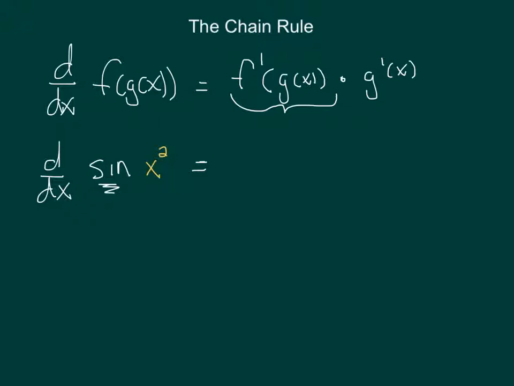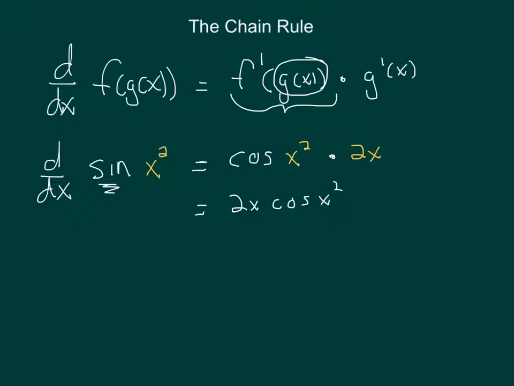So my outside function is sine. The derivative of that, of course, is cosine. So I get cosine of x squared, because in the chain rule, g of x doesn't change. But then I multiply by the derivative of the inside function, so times 2x. That gives me a final answer of 2x cosine x squared.